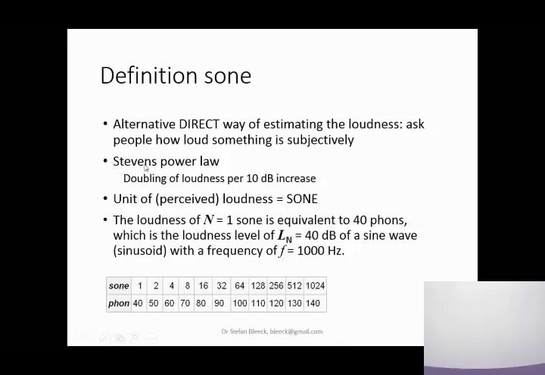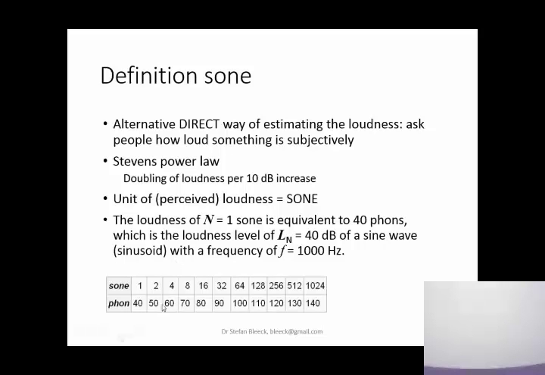It relies on something called Stevens power law. I've got the equation in a second, which means that perceptually the loudness doubles every time I go about 10 dB higher. This is not a firm law, this is a measured law. It's not exactly 10 dB, but this is roughly true. And that leads to our perceived loudness of zone, which is defined as 1 for 40 phones. 40 phones you have if you have a 1000 Hertz tone of 40 decibel, which we can measure physically, and that is defined as 1 zone.